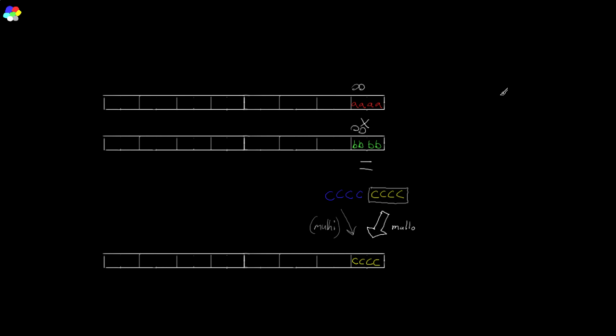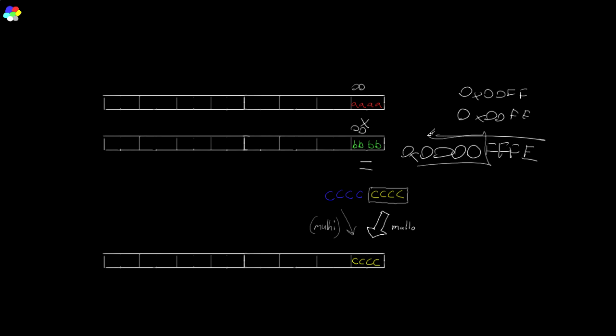Let's say our color and our alpha are both FF. So 0x00FF times 0x00FF. So our result is going to be 0xFE01 with zeros above. So the top is going to be zeros anyways.